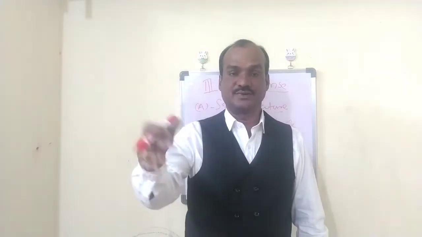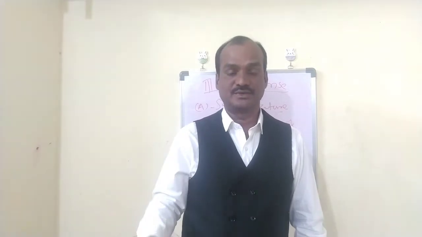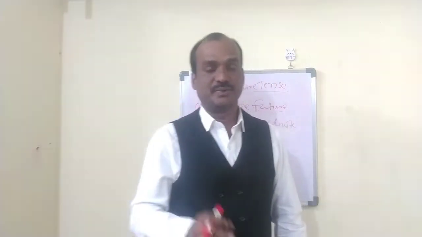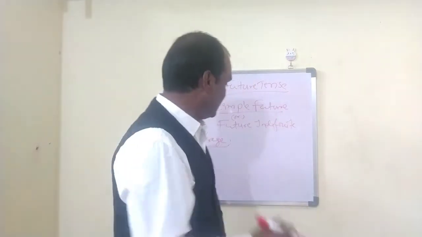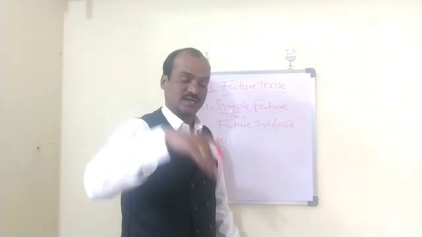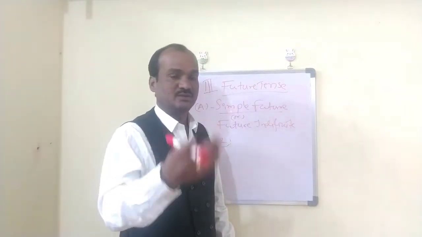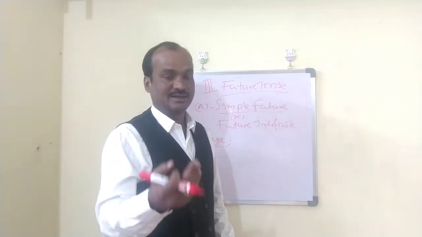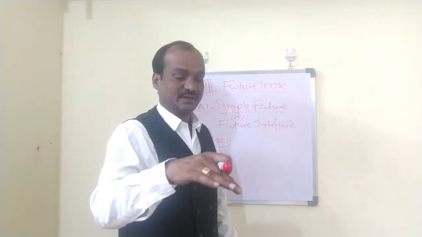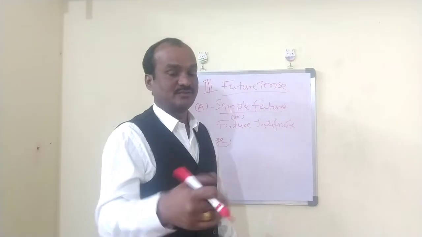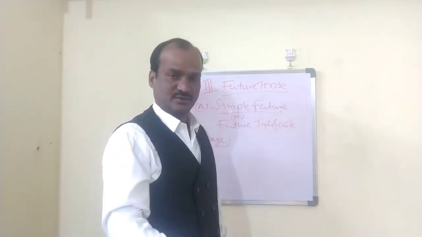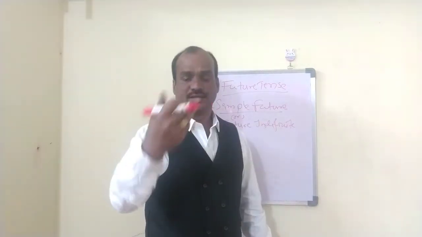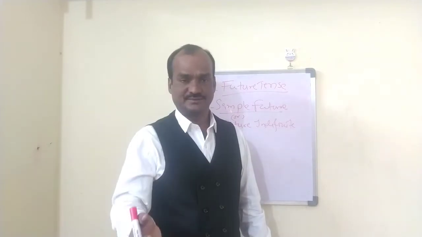Okay, the actions which are going to happen in near future are always said to be in the simple future tense, right? So the usage is, this tense is used to express an action which is going to happen in future, or the action which will be completed tomorrow, day after tomorrow, next week, next month, next year.